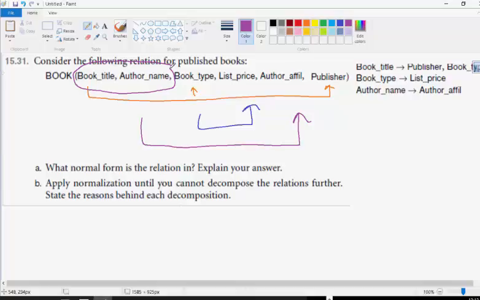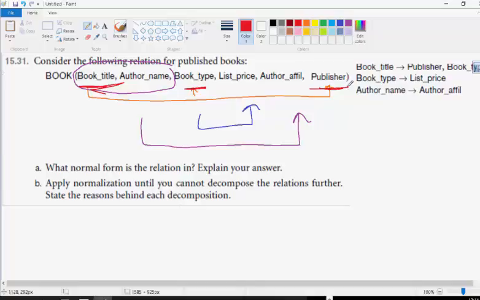And for that, I'll add on the second functional dependency. So author name can get me author affiliation. So is everyone cool with how I got a primary key? Okay. So now I have this key. The second question is, am I in second normal form? From book title, I can get to book type and publisher.